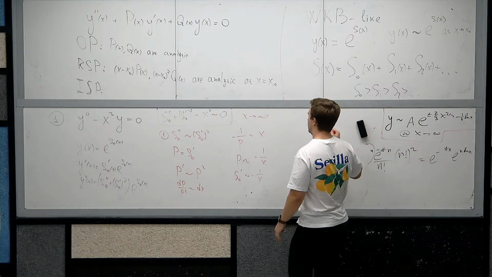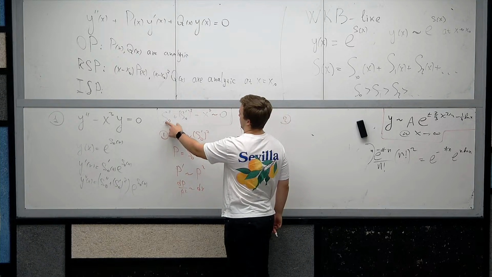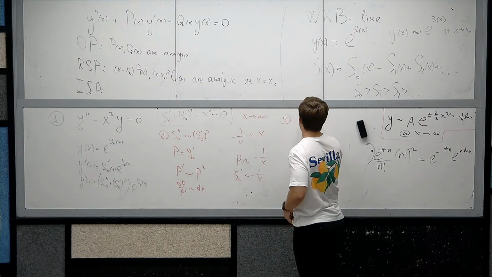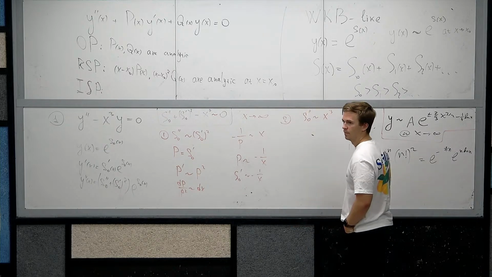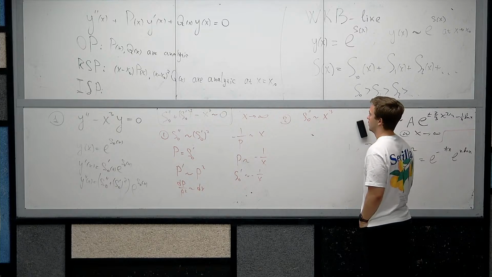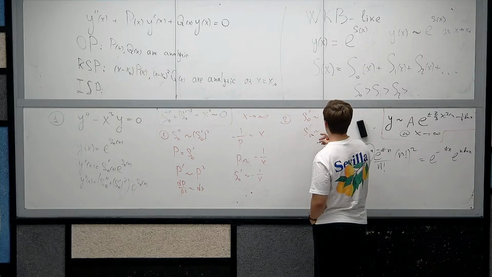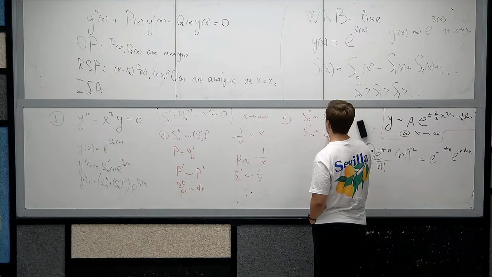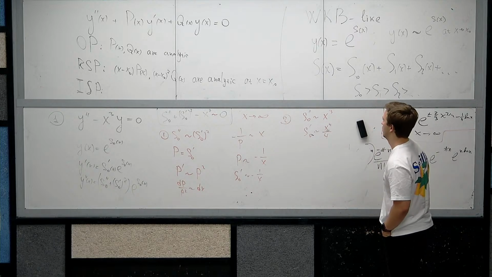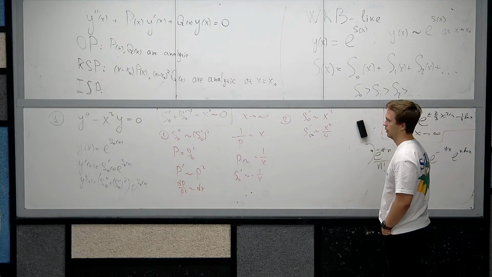Okay, so let's try the second option. The second option is to take this and this: S naught double prime asymptotic to x cubed. So then S naught prime goes like x to the 4 divided by 4. And I think in this step we can actually verify our assumption.